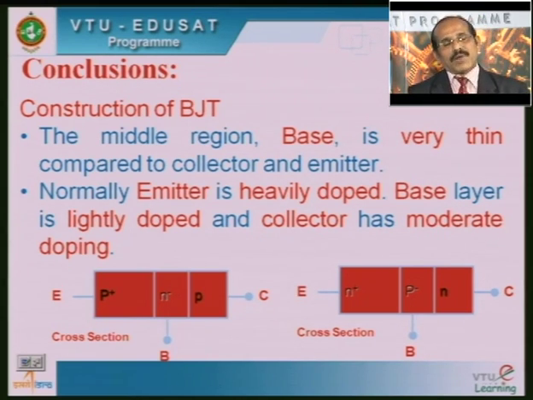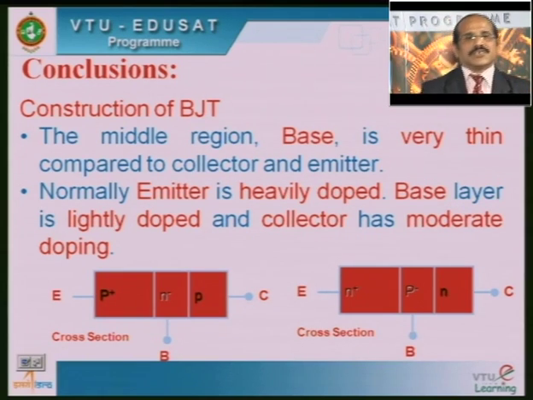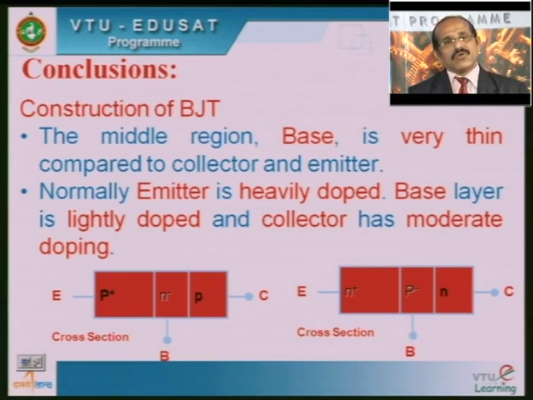So the applied signal is transferred from the low resistance emitter junction to the high resistance collector junction, and that is called transfer of resistance, from the low resistance region, the emitter junction, to the high resistance region, the collector junction.